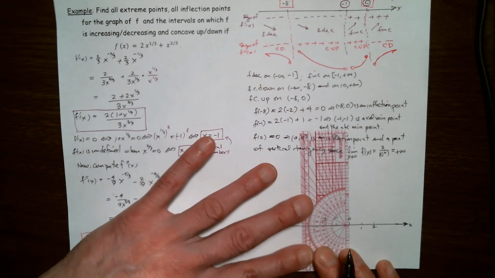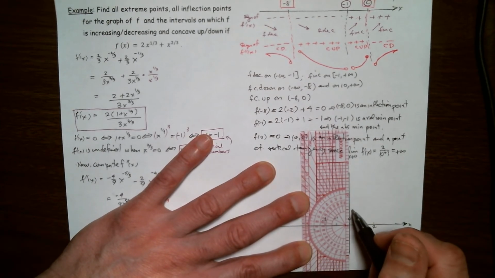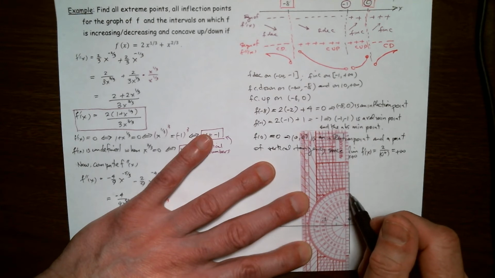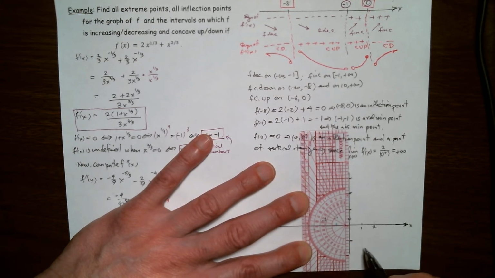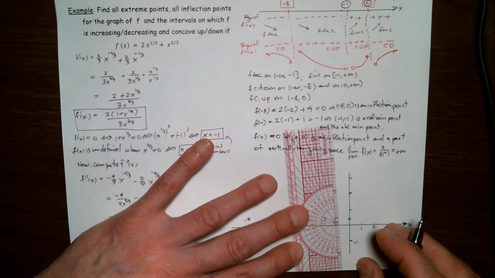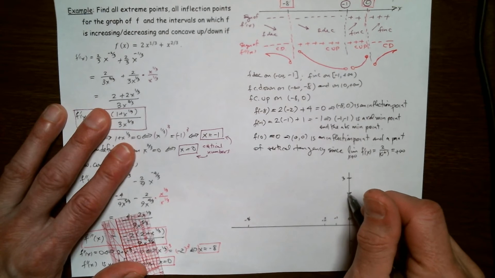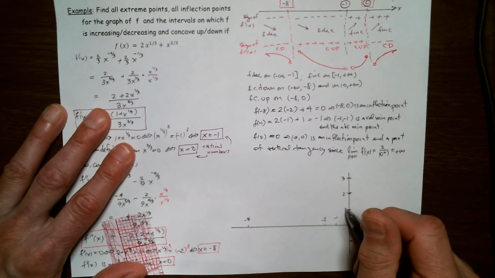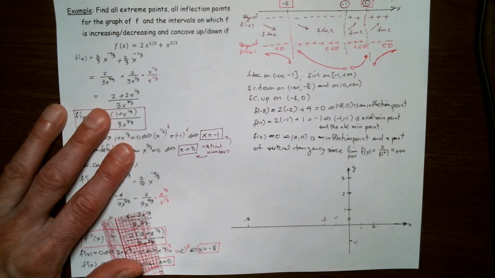So let's say here comes the y-axis. This is going to be 1, 2, 3 on y, and so here it'd be -1 on y. Okay, and I'm going up to 3 here. So this is our y.